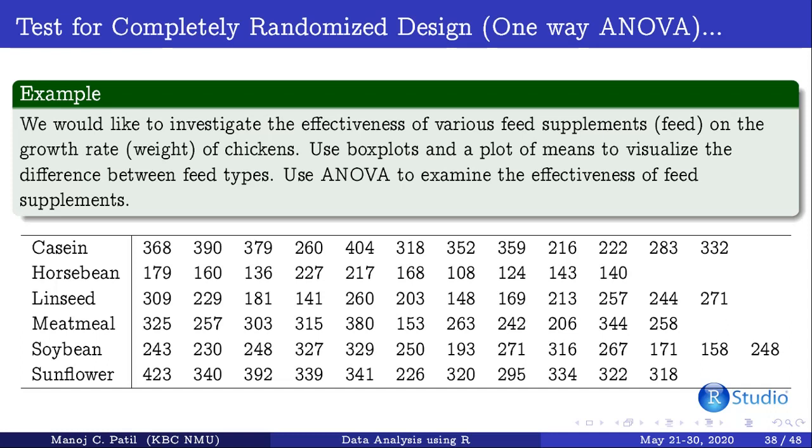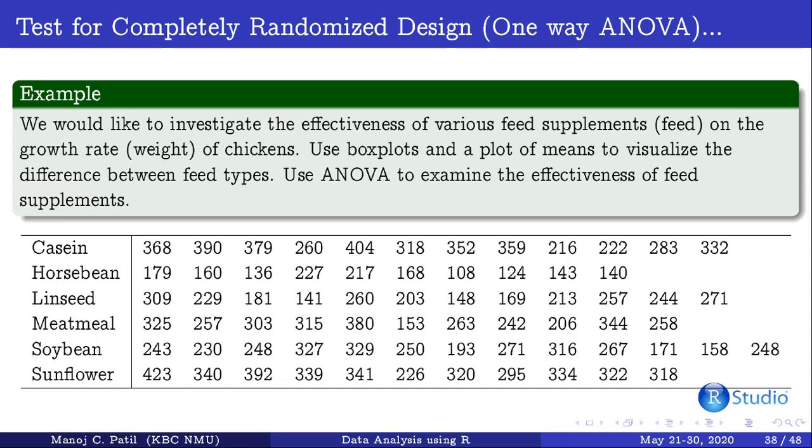Let's take an example. We would like to investigate the effectiveness of various feed supplements on the growth rate, weight. Use box plots and a plot of means to visualize the difference between the feed types. Use ANOVA to examine the effectiveness of the feed supplements.